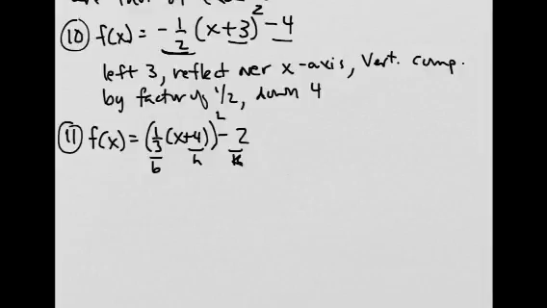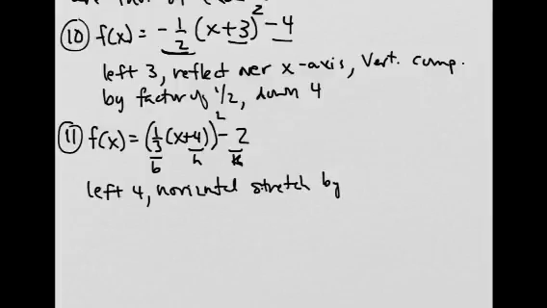So for this one, you would say left 4 units, a horizontal, but remember the B is counterintuitive, so I see 1/3, so I think 3. So it's going to be a horizontal stretch by a factor of 3, not 1/3, but 3, and then it's going to go down 2 units.